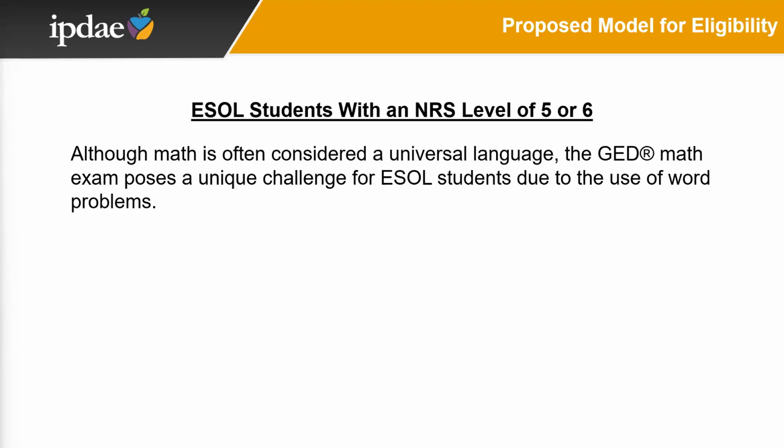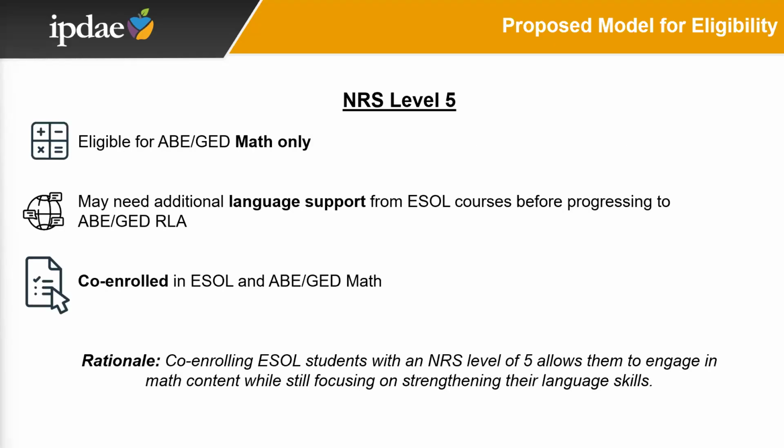So although math is often considered a universal language, the GED math exam poses a unique challenge for ESOL students due to its use of word problems. And some of those word problems are very long word problems. So we felt for level 5 ESL students, they should be eligible for math only instruction.